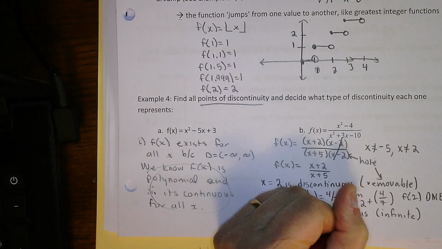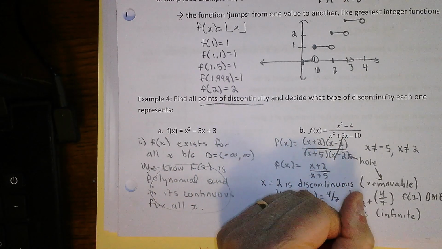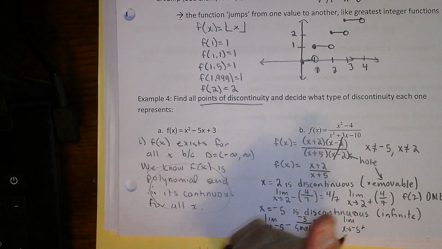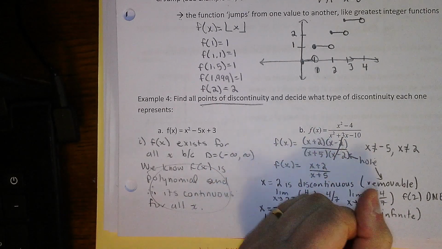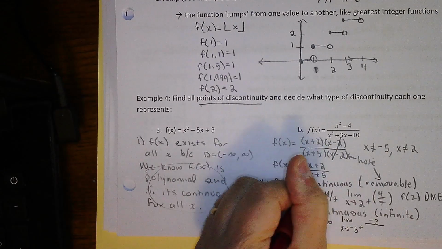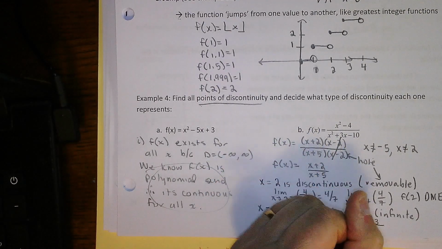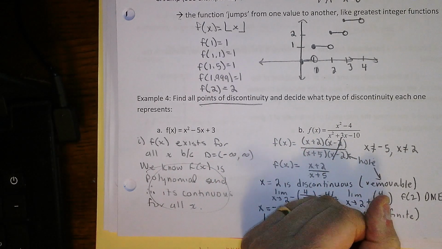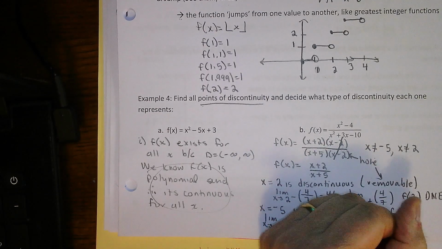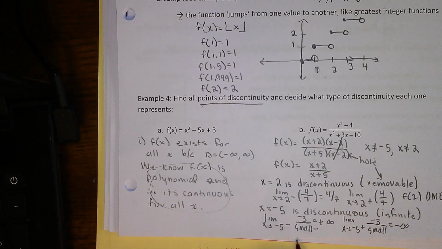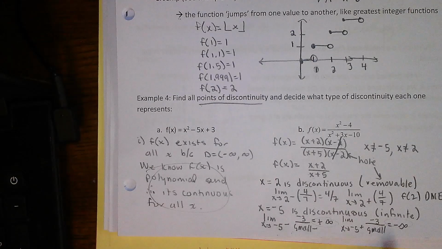But the limit as x approaches -5 from the right is going to give you -3, a constant, over -5 from the right, which is a small positive, which is negative infinity. So the limit as x approaches -5 does not exist, and the one-sided limits are going towards positive and negative infinity. Those are vertical asymptotes. So that's why that's an infinite discontinuity.